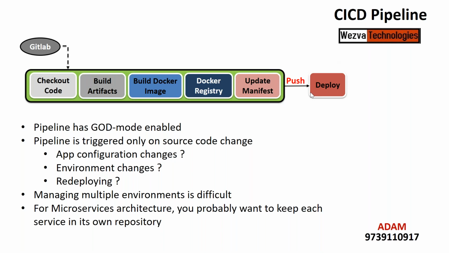For each pipeline, you are going to follow the same process where you will generate or update some manifest and push that to a particular cluster. So there will be 1 pipeline for dev, 1 for QA, 1 for UAT or stage, and production. Now, the more and more clusters you have, the pipelines keep on increasing. So that is where it is 1 CI pipeline and multiple CD pipelines.